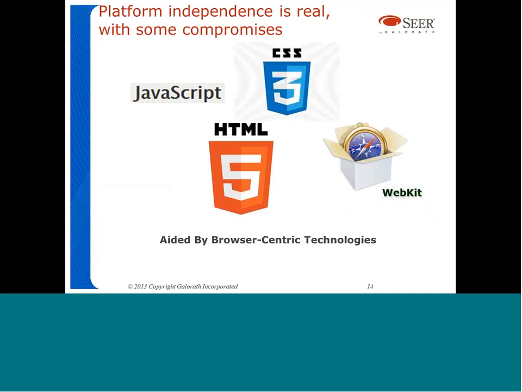WebKit is providing a basic set of components that are being implemented on all the major operating systems, iOS and Android, and that's permitting easy access to core functionality of the device. These technologies, I think, are likely to make most future app development cross-platform because of how good they are and also how accessible they are to the large population of current web developers.